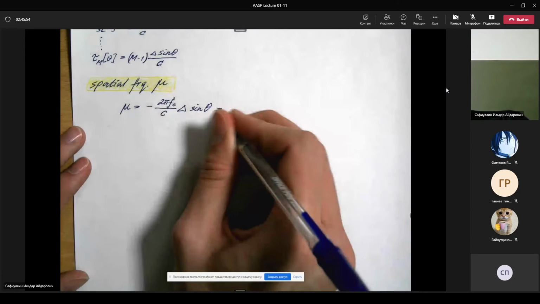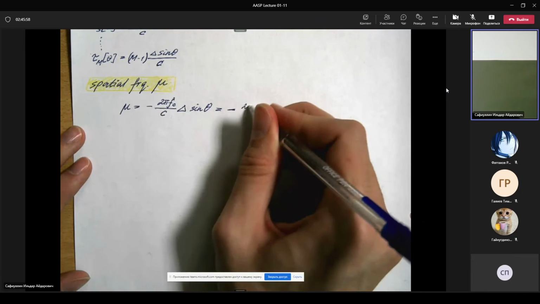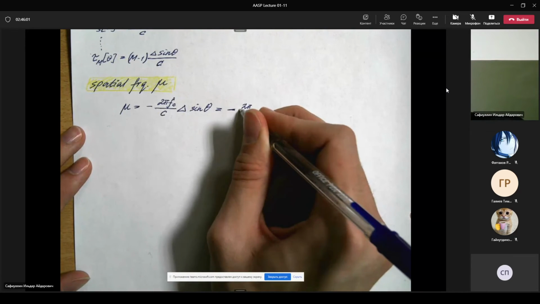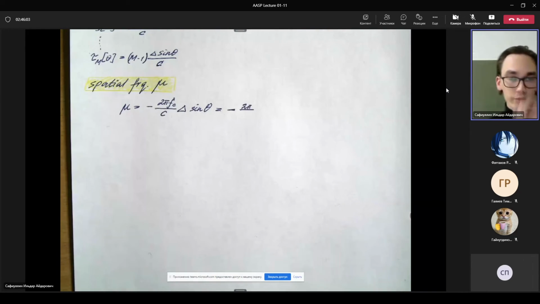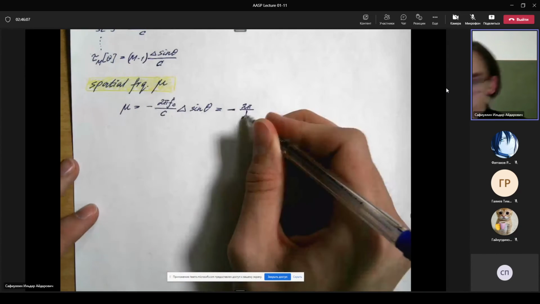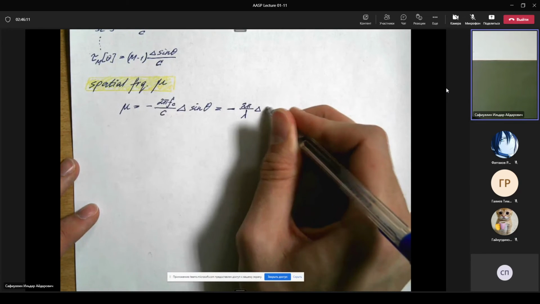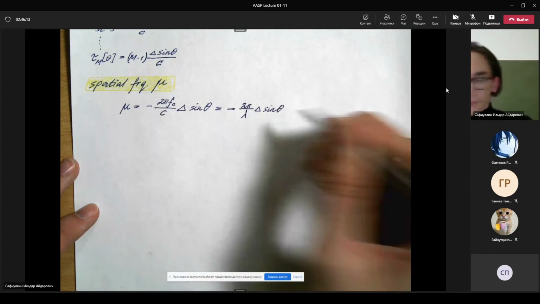Or this is equal to minus 2 pi divided by the wavelength of our signal, times delta times sine of theta.